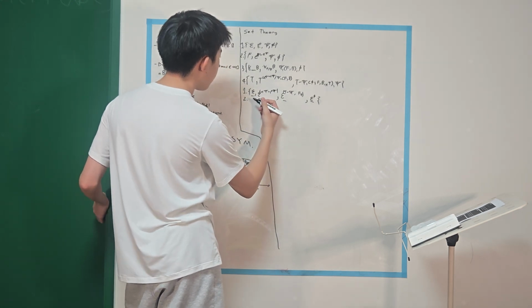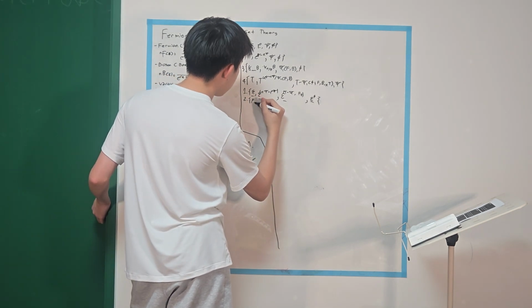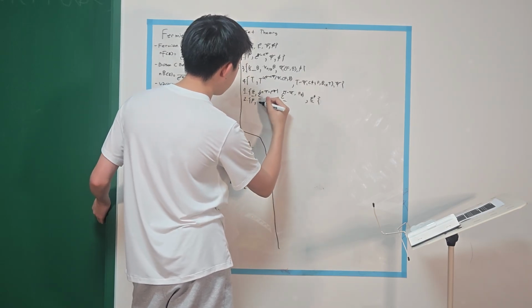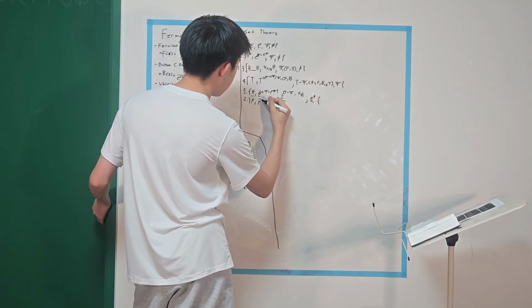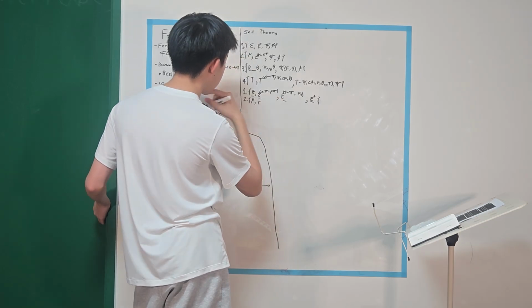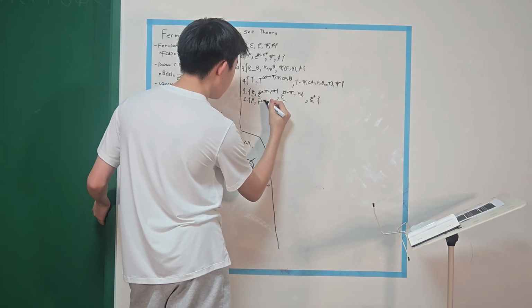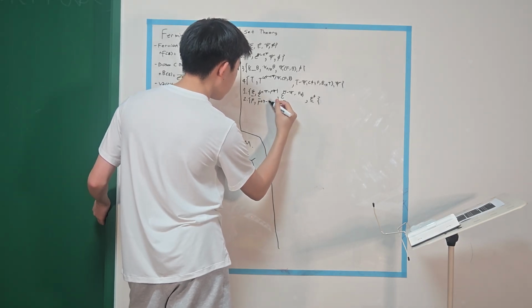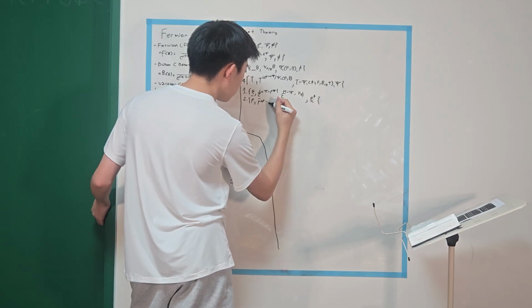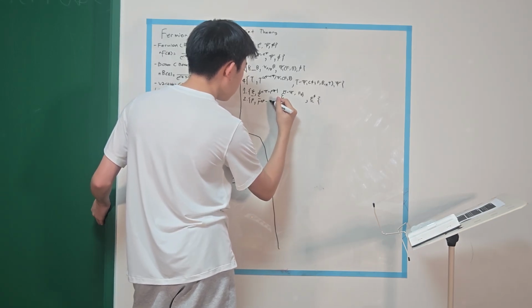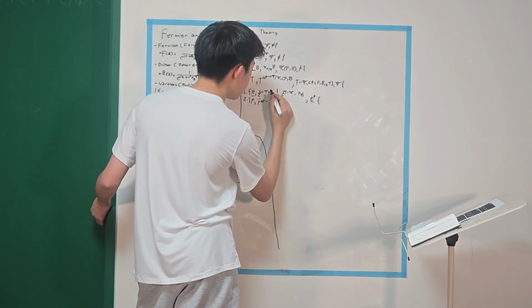Number 2, mu, and then the base will be mu. Put it in E mu minus, actually we can put this as KBT.